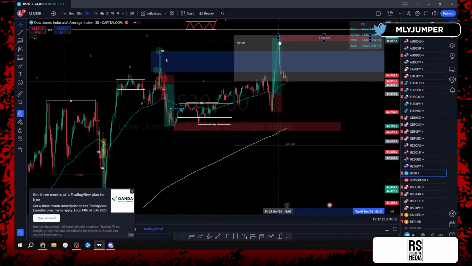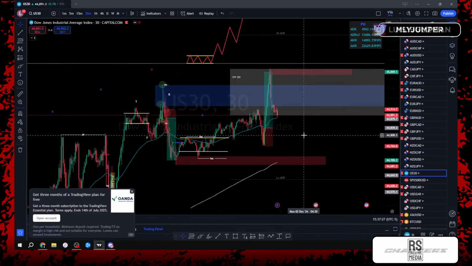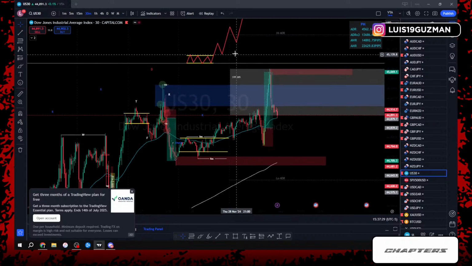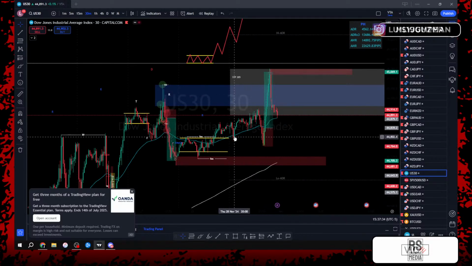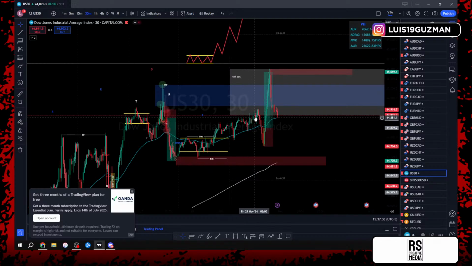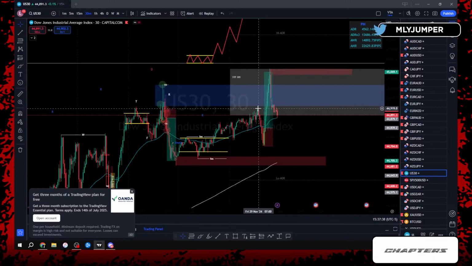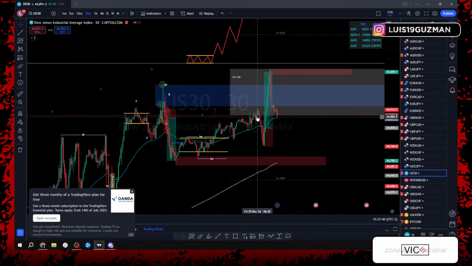Before we get down to the technicalities of stuff, this was what we had drawn out on Thursday. I wasn't expecting such a steep pullback, right? I was expecting just something like this to then continue. But as soon as we woke up for New York session, it pretty much just gave us the push down to the bottom.